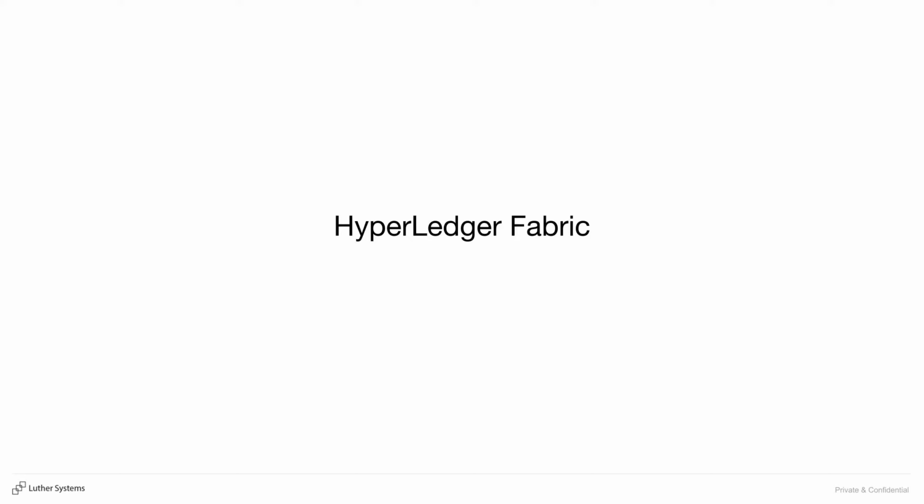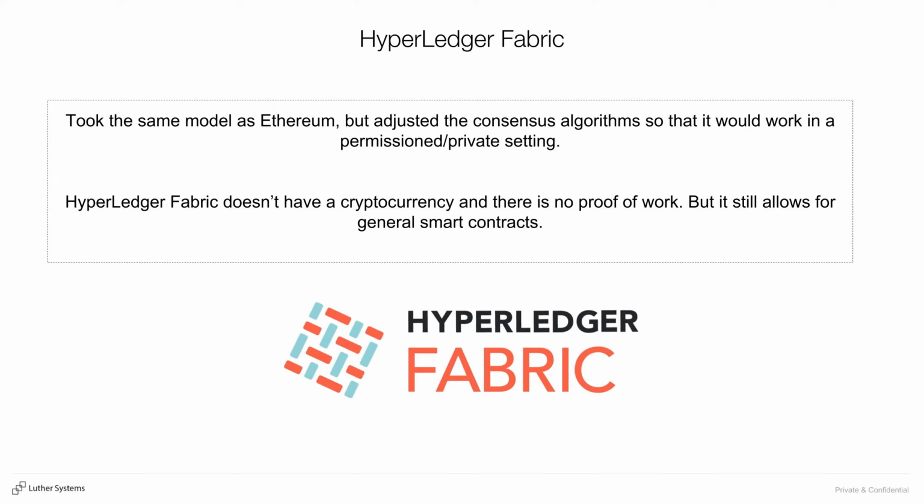And so Hyperledger Fabric adopted that same model, but enabled it in the permissioned and private setting. Now, I should mention that there are folks taking the Ethereum software and deploying it with access control added on top, in a private setting. So this is the Ethereum enterprise discussion.